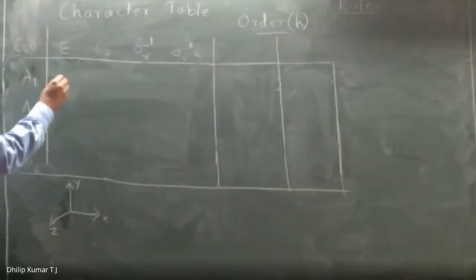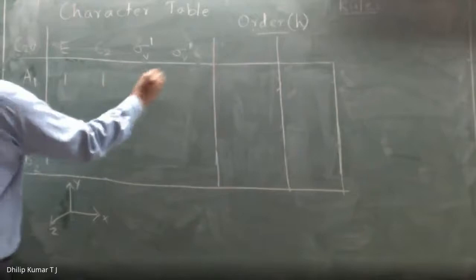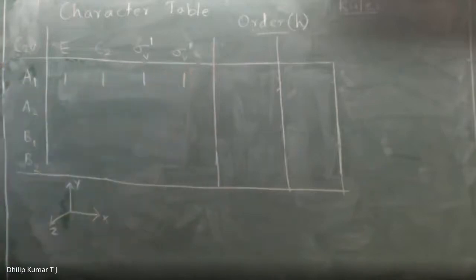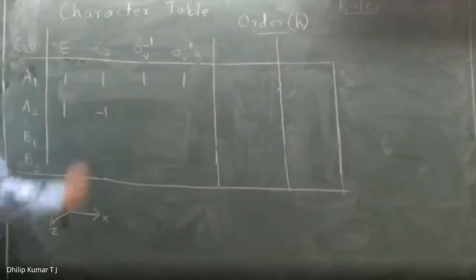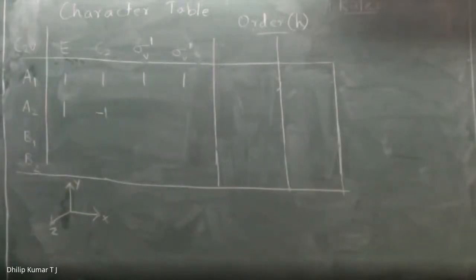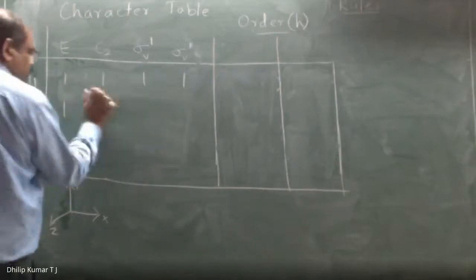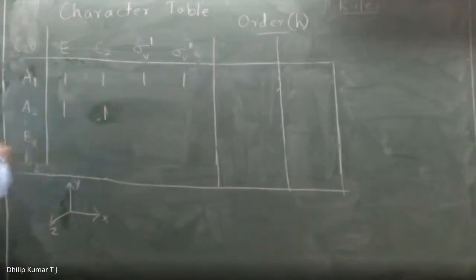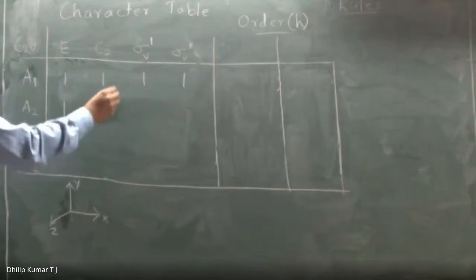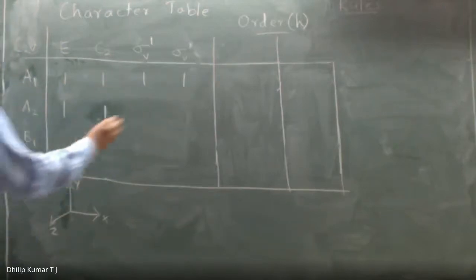A1 is simple, all will be positive. And A2 is positive for E, negative for C2. And then sigma V will be what? Negative? No, it's fine, I'm sorry, this is positive. Both will be negative.